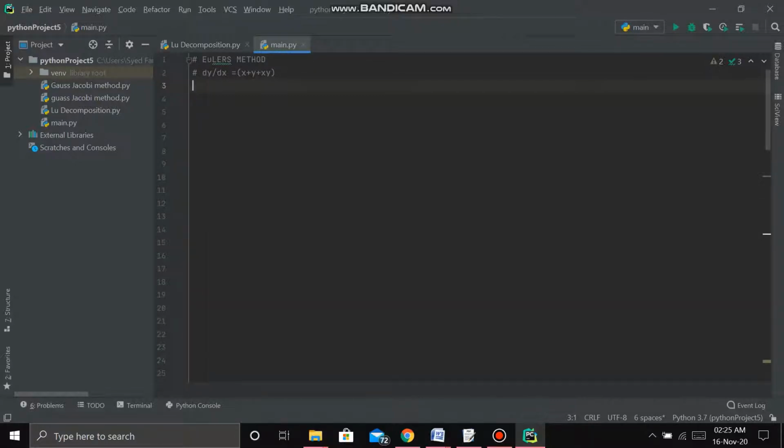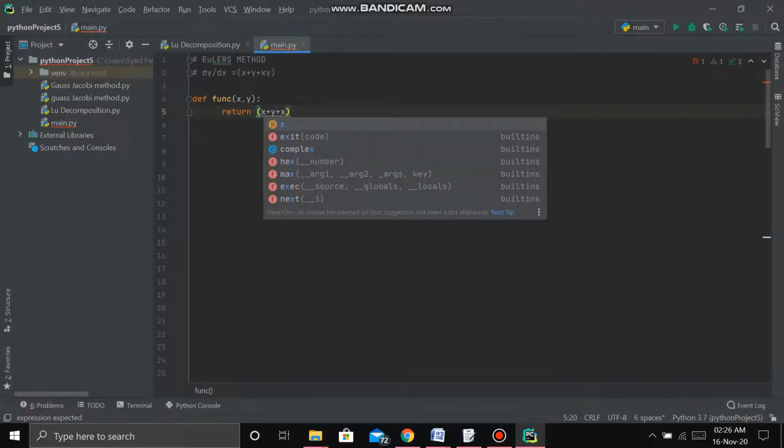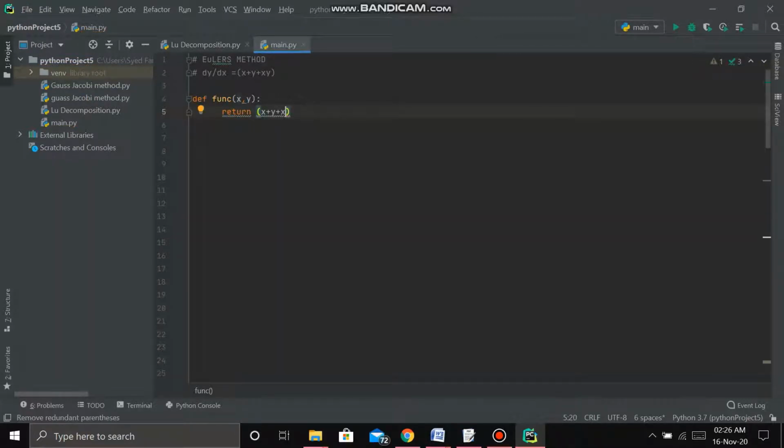Okay, moving onwards, starting the code, that is the function f(x, y), which returns the value x + y + x multiplied by y.